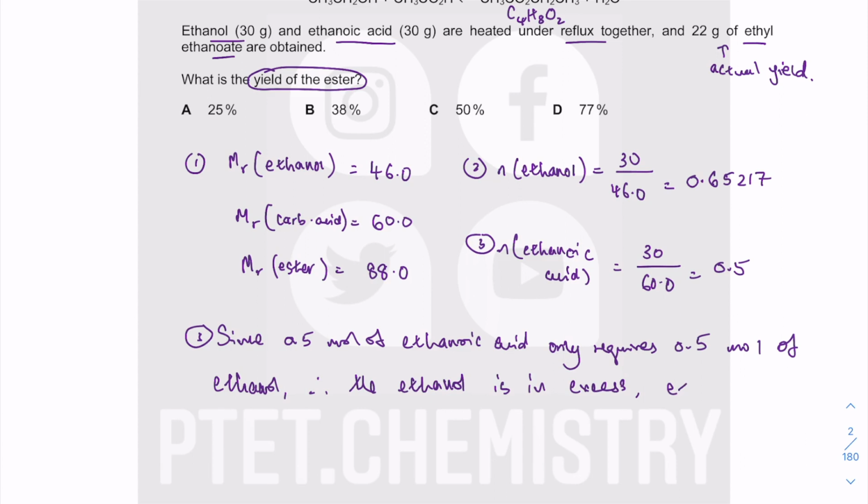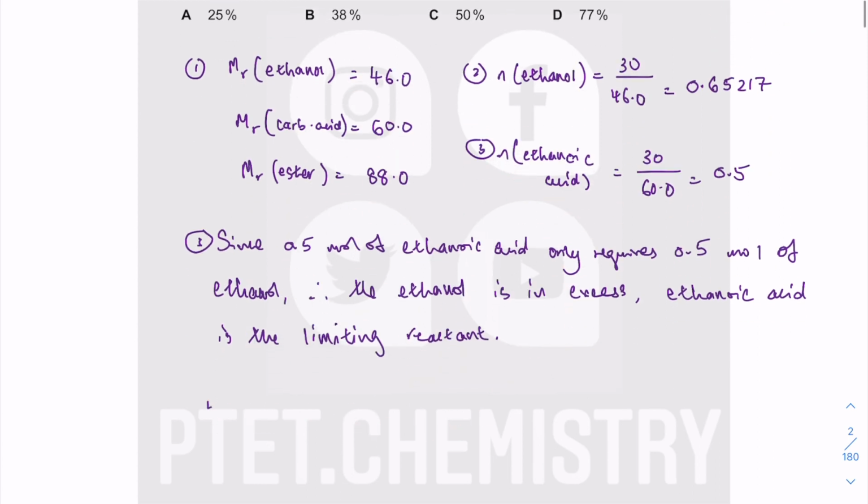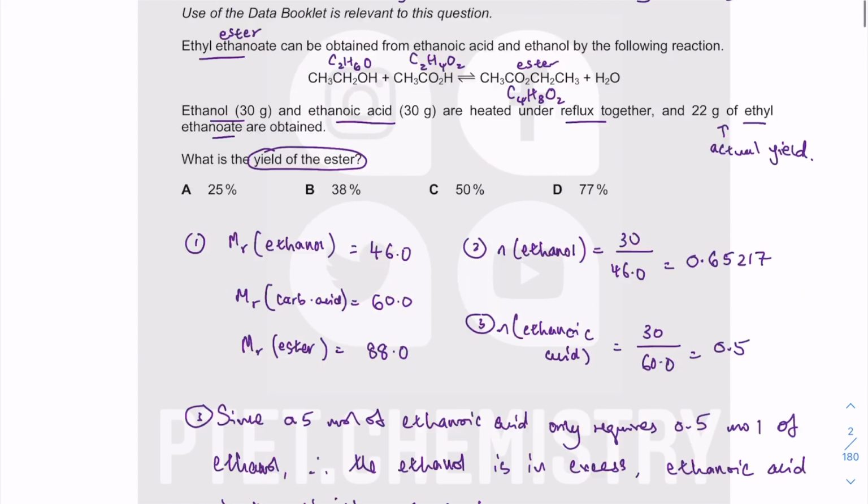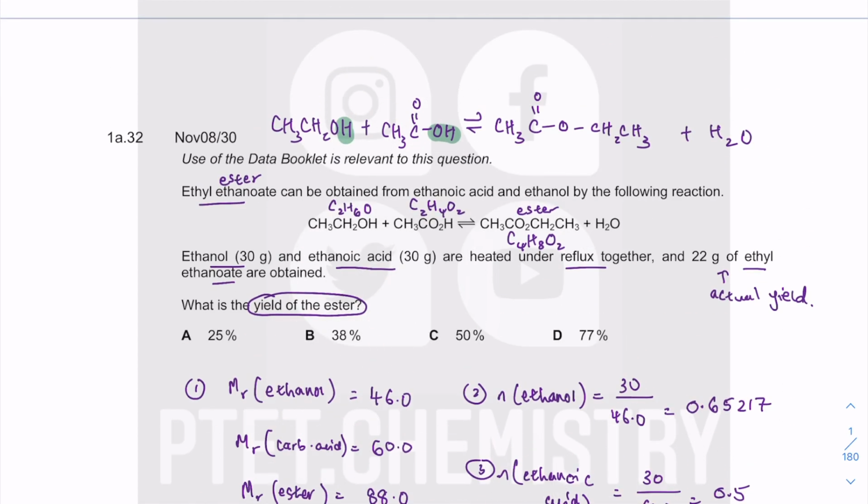So ethanoic acid is the limiting reactant, and when you do mole calculations, you have to use whatever is completely used up, which is the limiting reactant, and not the excess reactant, because not all of it is reacted. So I want to find the mole of the ester relative to the mole of whatever is completely used up, which in this case is the ethanoic acid.